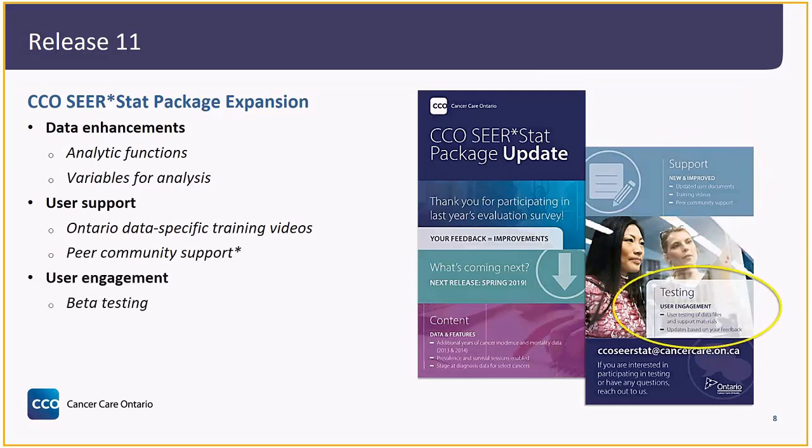And finally, as part of this expansion, we wanted to improve our user engagement. So for the first time, we conducted beta testing by inviting our existing users to participate in testing both the new data files as well as the new training videos while they were in development.